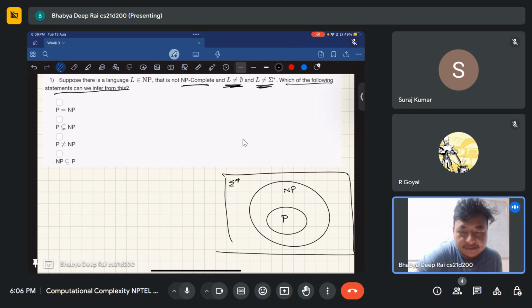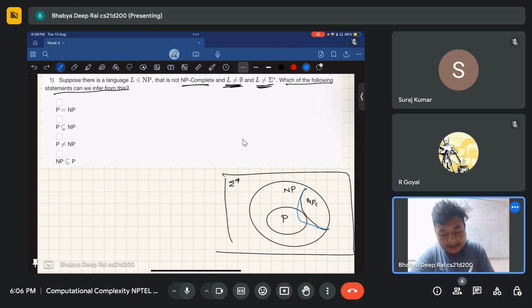Now we know that there is a particular class of problems called NP complete problems. NP complete problems could be like this, or like this. Maybe there are problems in P which are also NP complete. If it is shown that there is an intersection between P and NP complete, then you show that P is equal to NP. That is the first takeaway.